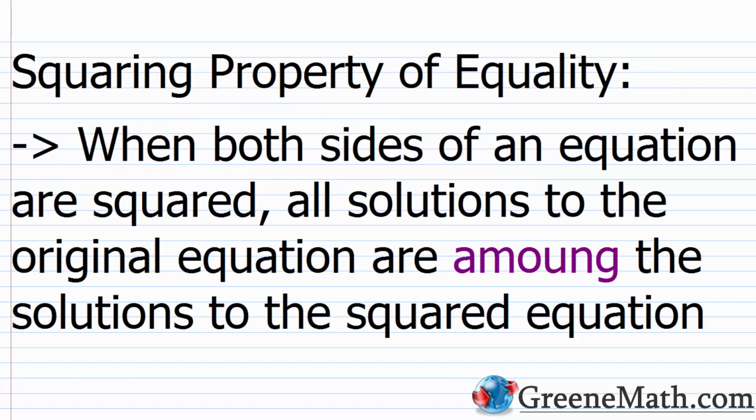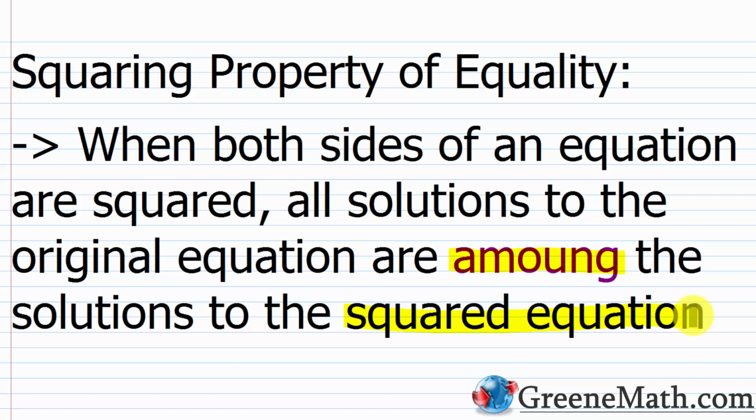There's one little hiccup to this. When both sides of an equation are squared, all solutions to the original equation are among the solutions to the squared equation. That seems like it's not a big deal, but it really kind of is.